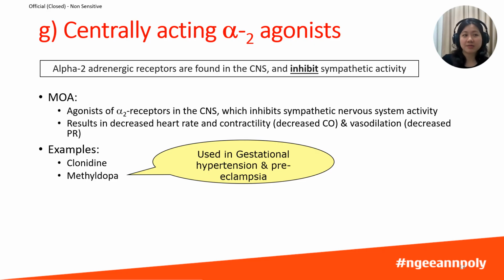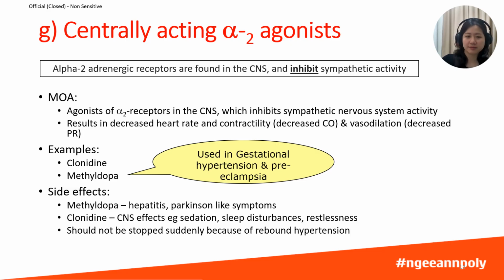Although they are seldom used in the treatment of hypertension, methyldopa is actually used in gestational hypertension as well as preeclampsia, which is a complication of pregnancy where the person has a very high blood pressure. These drugs can cause a number of side effects. Methyldopa may cause hepatitis, which is inflammation of the liver, as well as Parkinson-like symptoms.